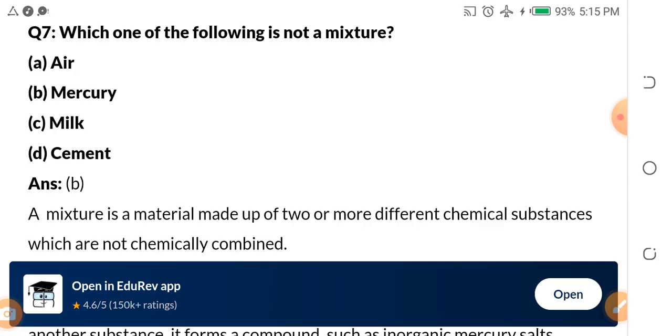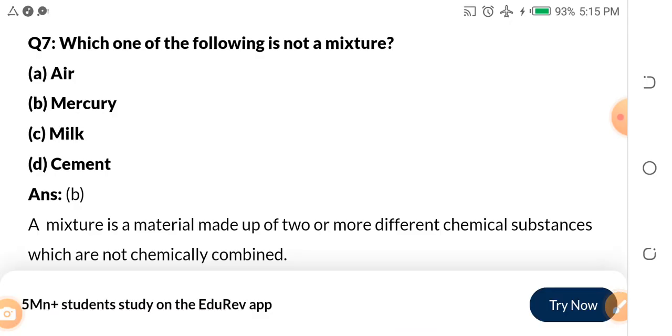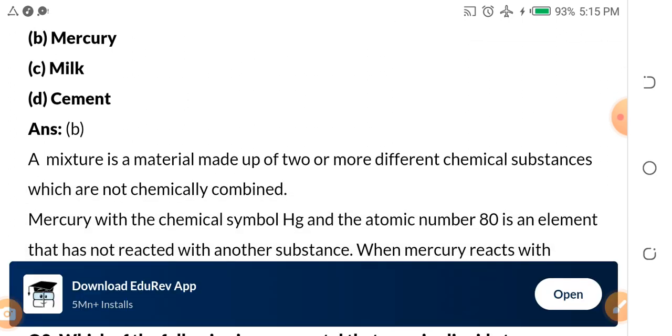Which of the following is not a mixture? A. Air. B. Mercury. C. Milk. D. Cement. The answer is mercury. Mercury is not a mixture; it is an element. A mixture is a material made up of two or more different chemical substances which are not chemically combined.